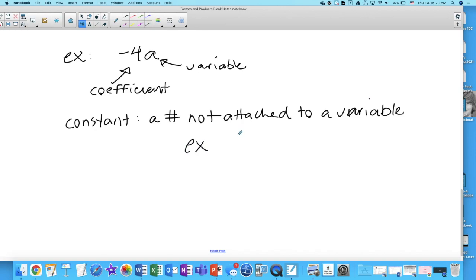What's the constant there? Yeah. Good. It's negative 7. Okay, so one important thing about coefficients and constants is that they have signs. Okay, so that's the constant.